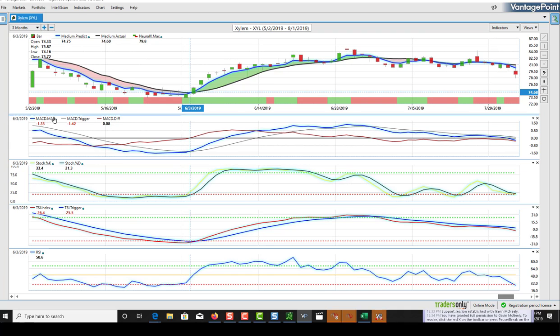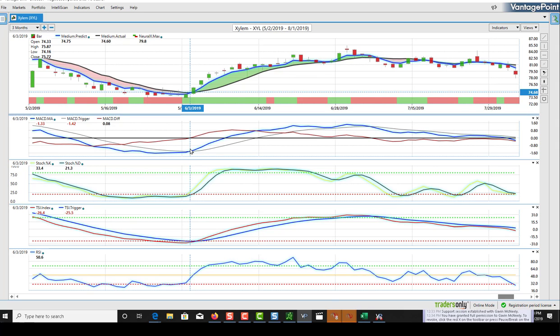When you're coming over here, you're going to be seeing three different lines. This is the MACD. We have a moving average, the trigger line, and the difference between the two. What we're looking for is this trigger line is going to be very smooth, the entire time. This MACD moving average right here, we want to see that blue line as it's going down, because it's a downtrend, cut through that trigger line going up.